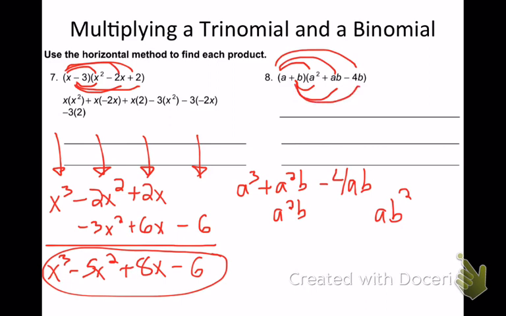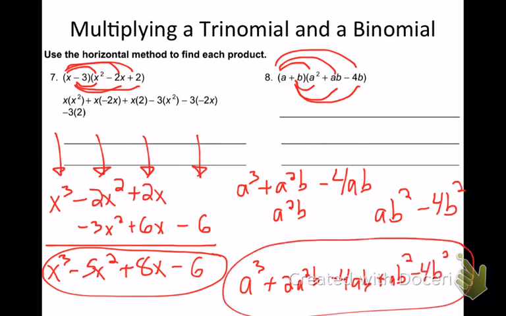Then I'm going to take b times negative 4b and I get negative 4b squared. And now I'm going to combine like terms. So I get a to the third plus 2a squared b minus 4ab plus ab squared minus 4b squared.